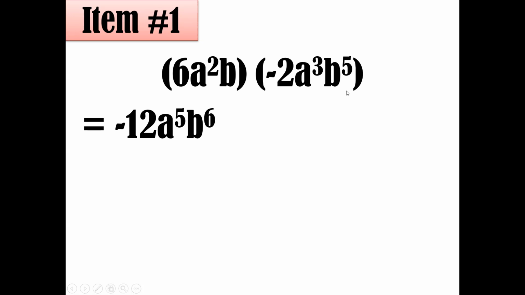And if you have b times b to the 5th, the exponent of b here is understood to be 1. And 1 plus 5 is 6. So that's why the final answer here is negative 12a to the 5th b to the 6th.